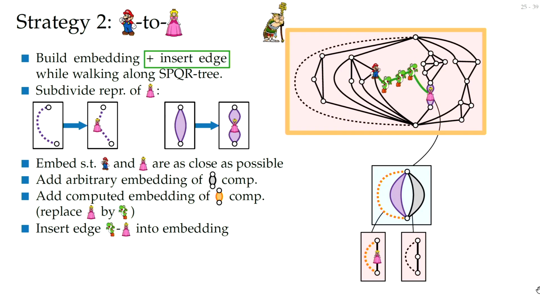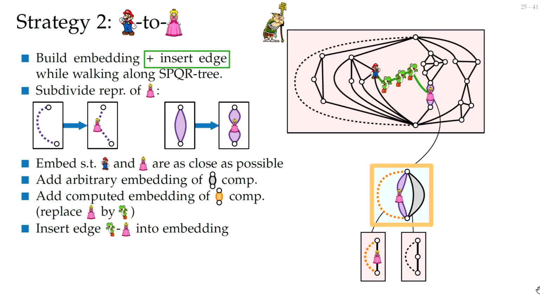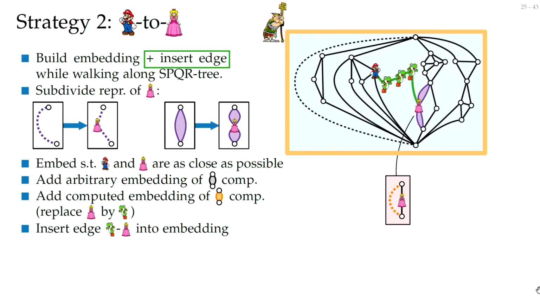We continue. We put Peach here, bring everything together, replace this component we don't care about, and add this whole embedding into the graph to get this drawing. And finally, the one with Peach. We add exactly this embedding. And now we've embedded the whole graph.